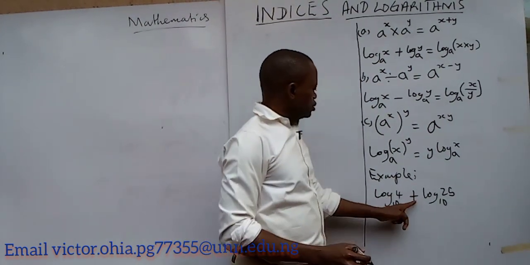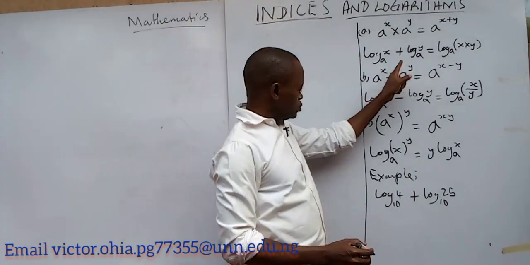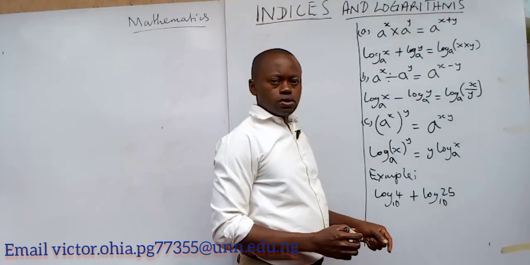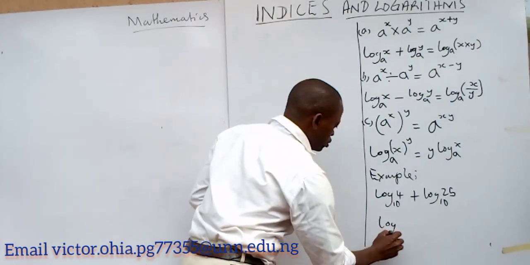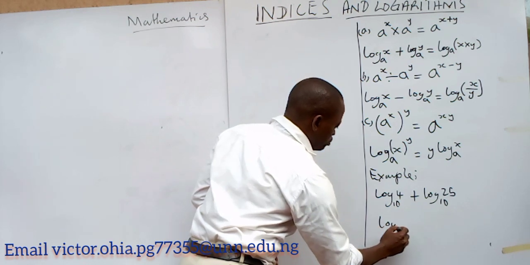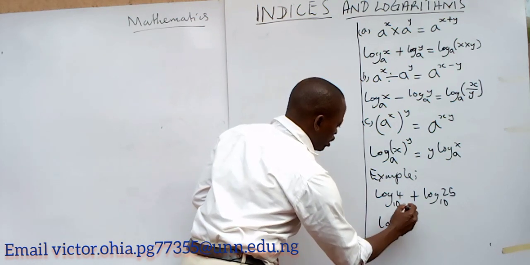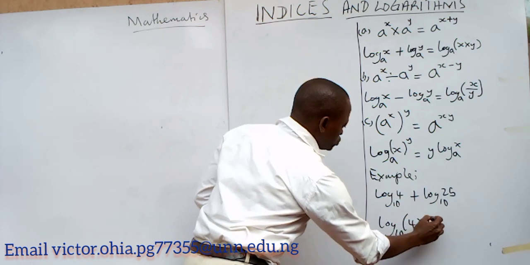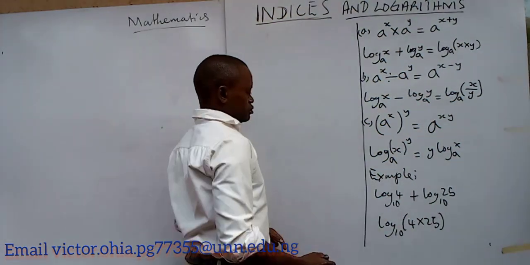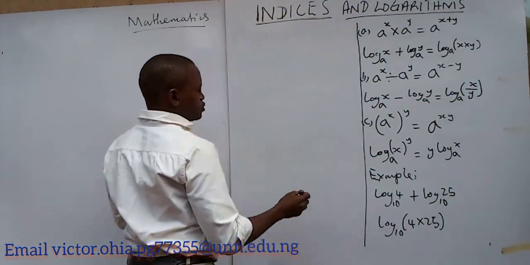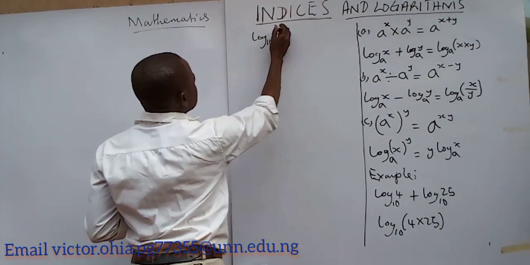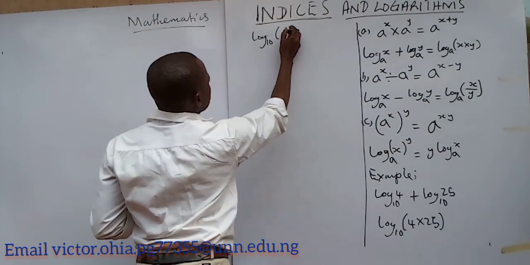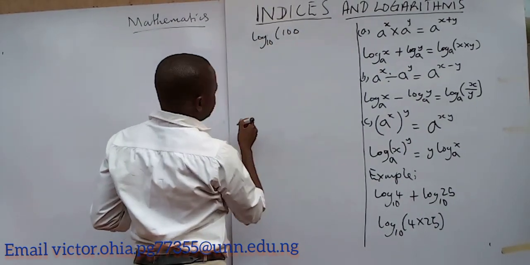If you look here, what we are going to do is multiply these two values. So I am going to quickly say that this will be log in base 10 of 4 multiplying 25. What is that going to give us? That is going to give us log in base 10 of 100. 4 times 25 is 100.